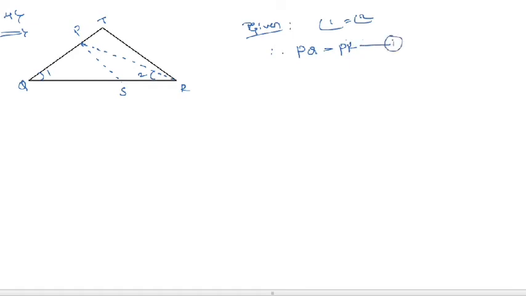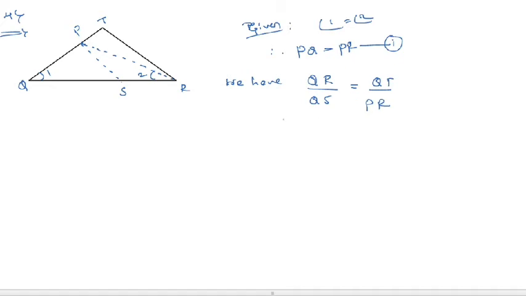Call this equation number 1. Also given is QR by QS equal to QT by PR.